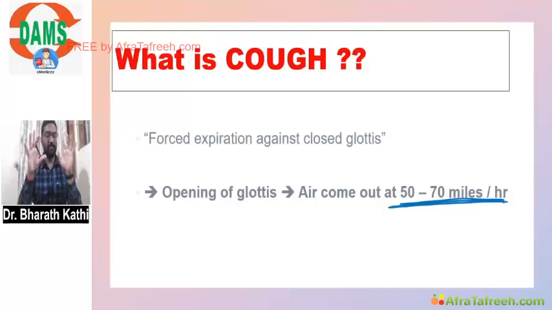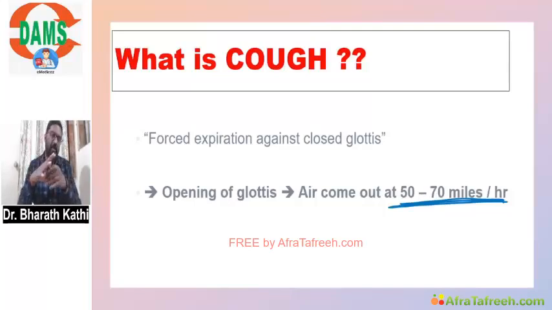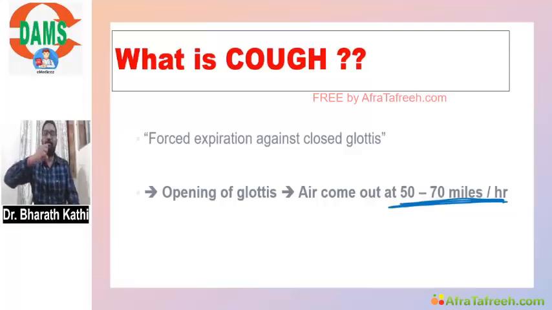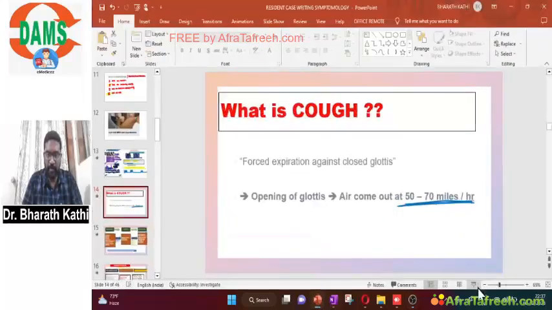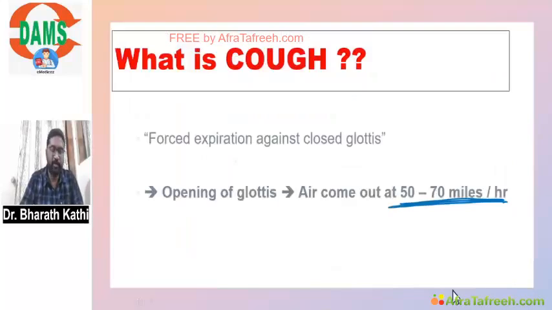For any reflex to happen, there should be an input, that input should get processed somewhere, and after that processing there should be an output. For a symptom to happen anywhere in your body, there should be an input, an area of processing, and ultimately an output.